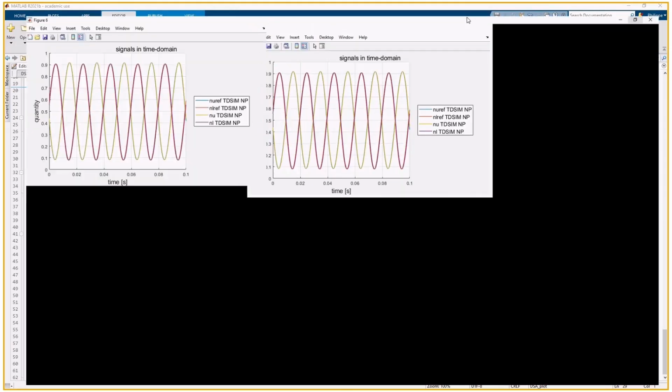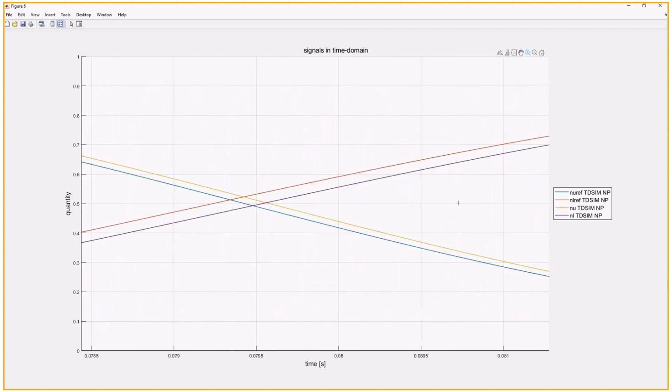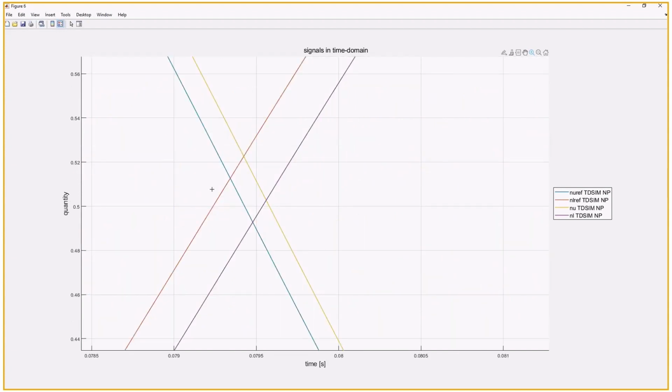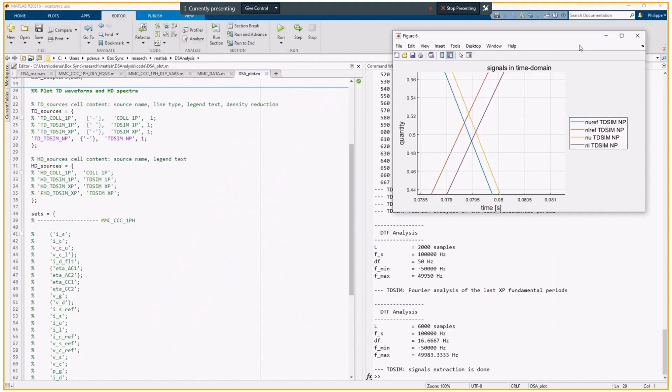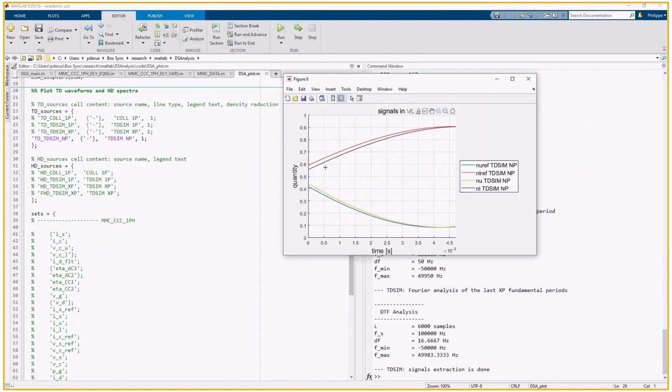Here is what it looks like. There is indeed still a small difference between upper arm and lower arm. This is the result of a small transient, and still I see that indeed the code has accounted for the delays. We still have this smaller delay for the upper arm and larger delay for the lower arm. So this is the solution of a delay differential equation.